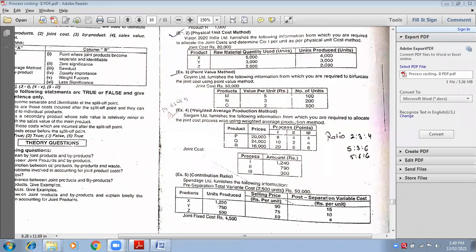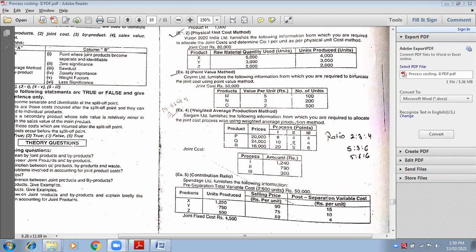Let me know once it is done. How much is done? Ma'am, ratio calculation is going on. Okay. Tell me the ratio of process 1 for PQR. 2:3:4. For process 2, 5:3:6. Very good.